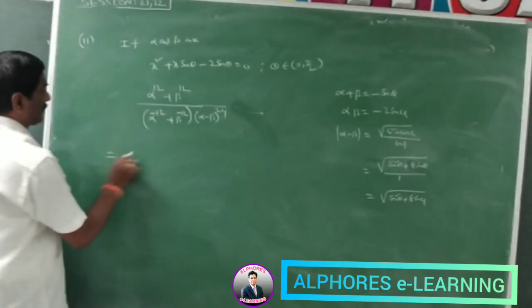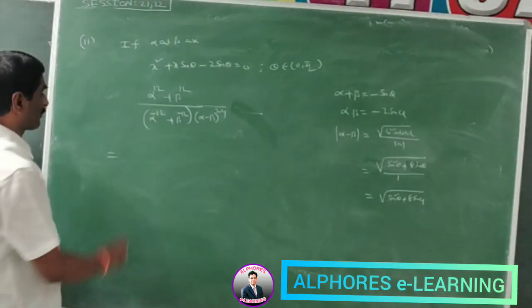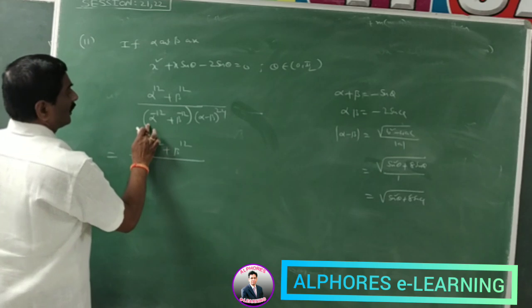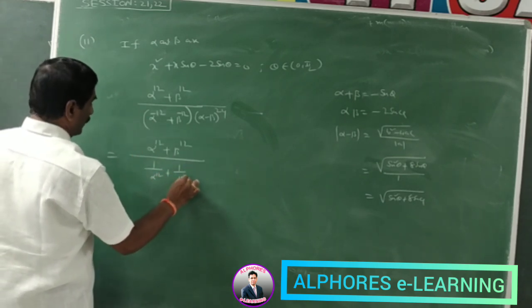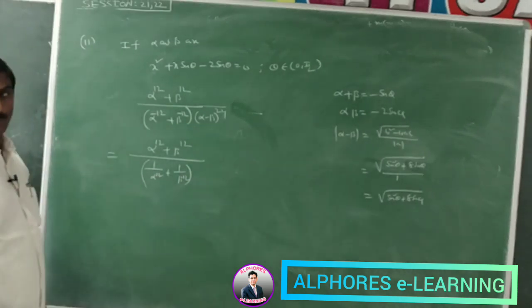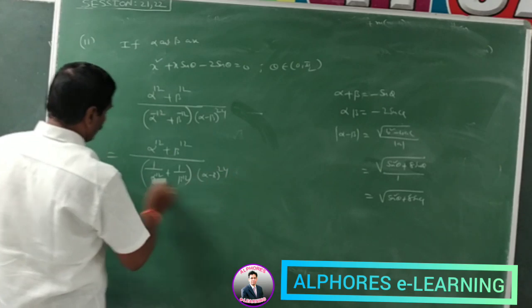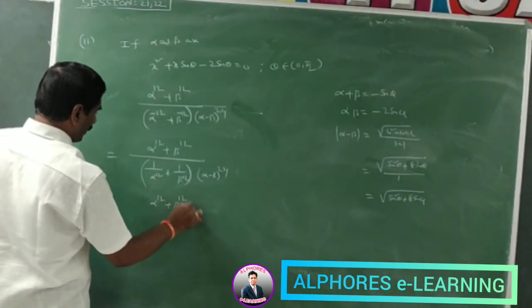Alpha power 12 plus beta power 12 by alpha power minus 12 plus beta power minus 12 into (alpha minus beta) whole power 24. That means alpha power 12 plus beta power 12 by this value can be reduced into 1 by alpha power 12 plus 1 by beta power 12. x power minus n means 1 by x power n, into (alpha minus beta) whole power 24. LCM this value. Alpha power 12 plus beta power 12 by, what is the LCM here?